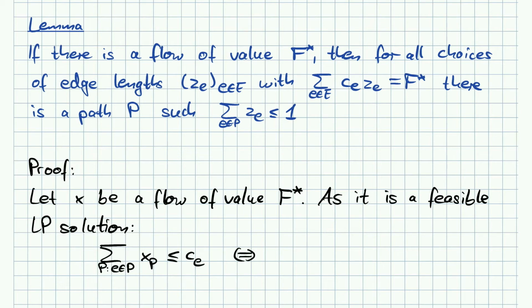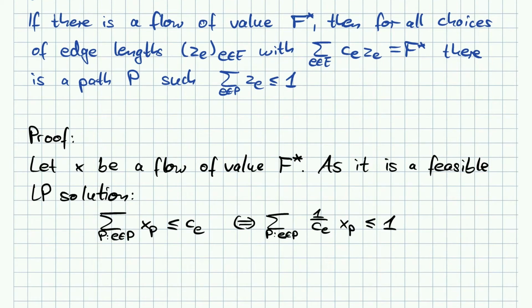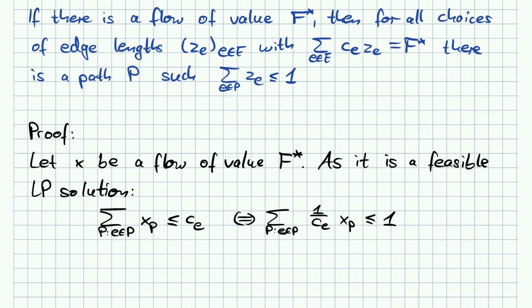Or we might as well write the following. If we choose to divide by the edge capacity, then the sum of the xp divided by c is no more than 1. And what does this imply?